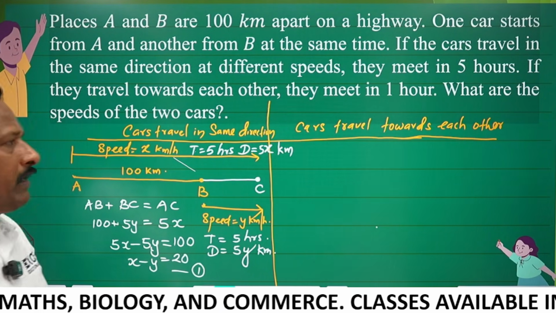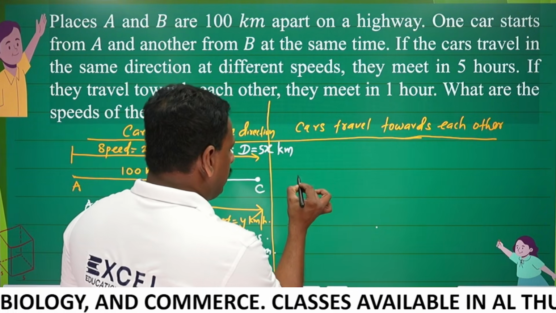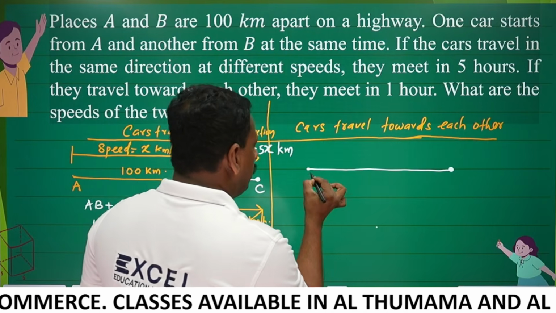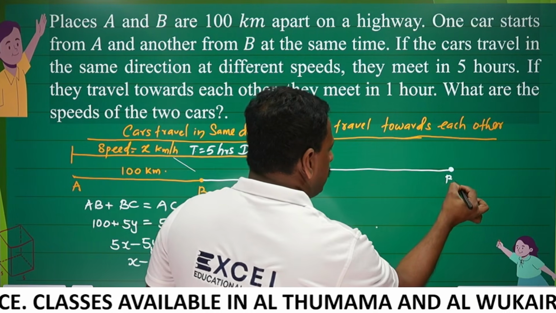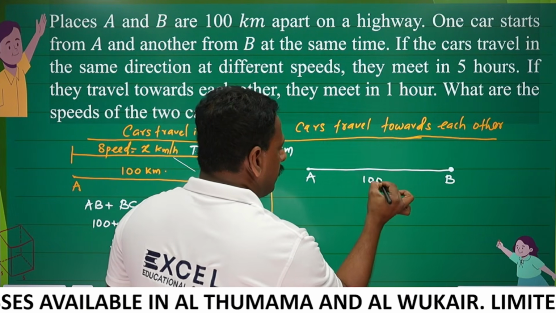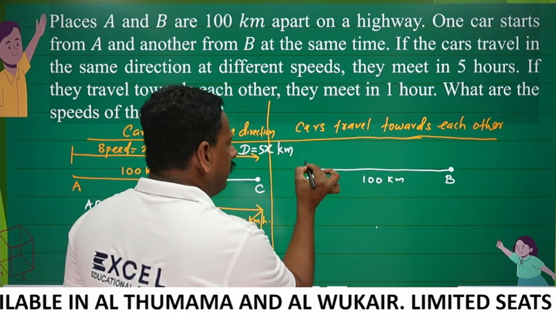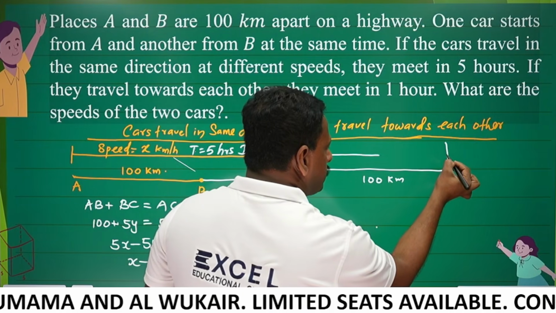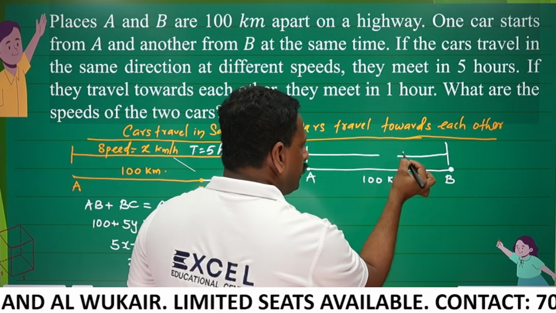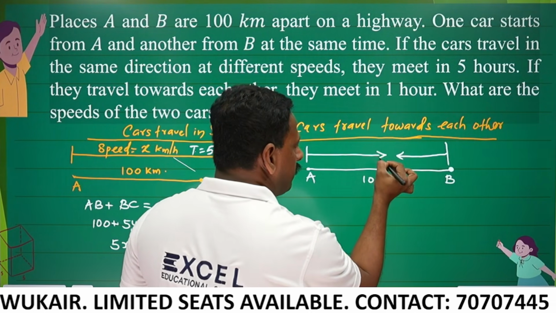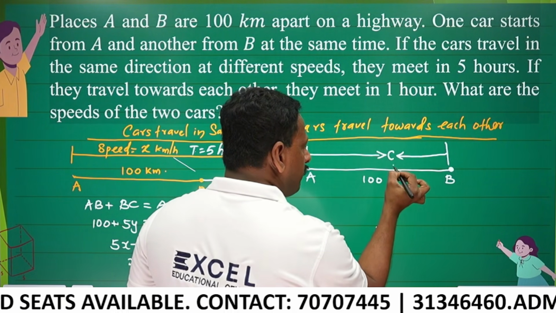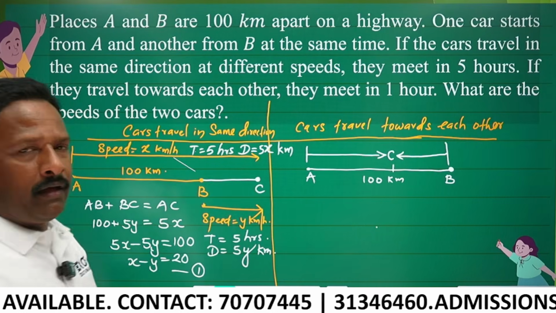Now let us see if the cars travel towards each other. So here we have the point A, here we have the point B, and the distance between these two is given as 100 kilometers. One car is starting from A and the other car is starting from B, and they are traveling towards each other. So they will meet at a point C, somewhere between A and B, right?